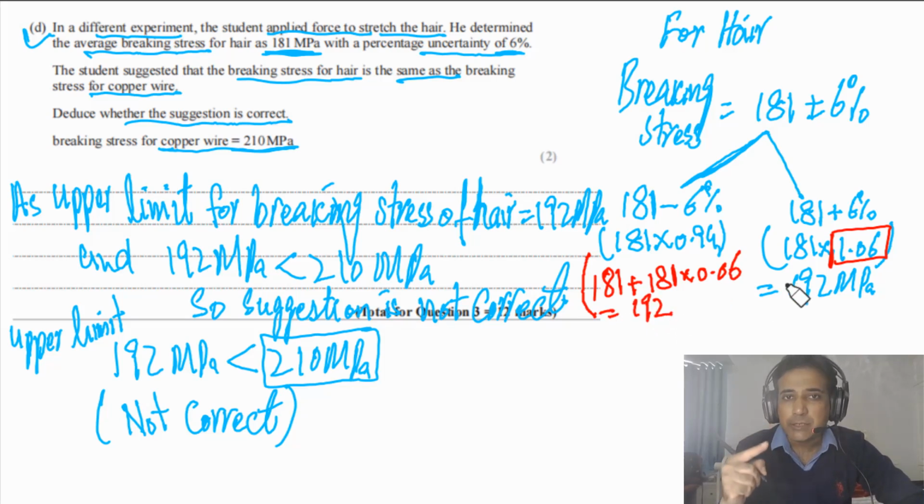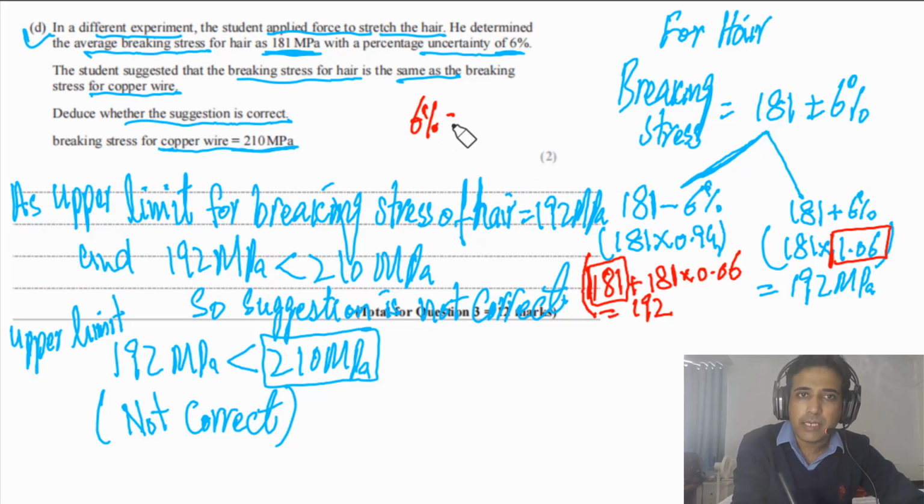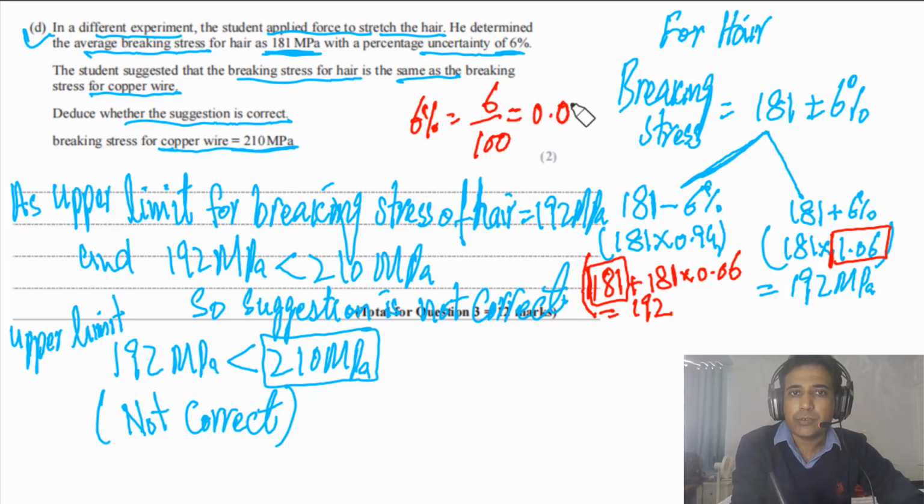So this is 6% extra than this value. You have to add 6%, and 6% means 6 divided by 100, which is 0.06.